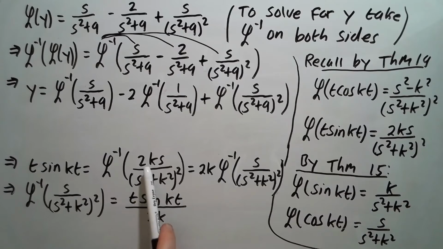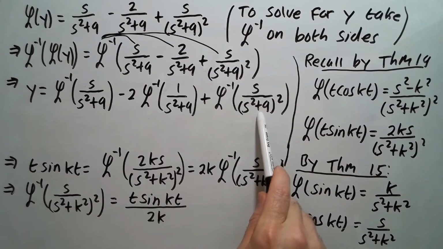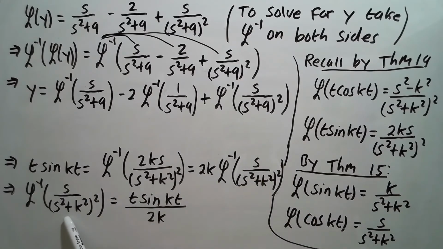The 2k I can pull outside, which I've done here, and then I can divide both sides by 2k to solve for the Laplace inverse of this one. So I have Laplace inverse of s over s squared plus k squared, squared equals t sine kt over 2k.